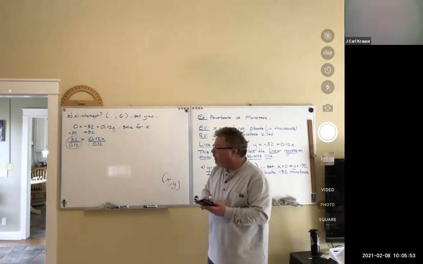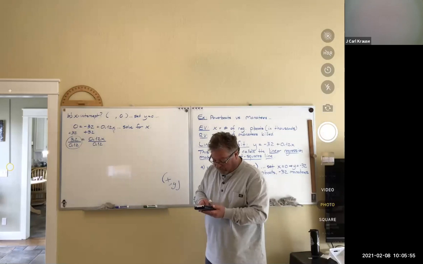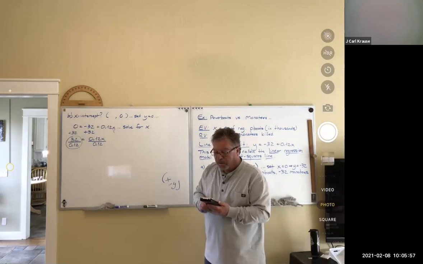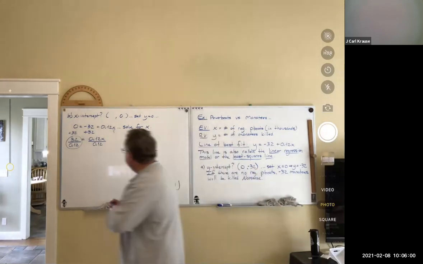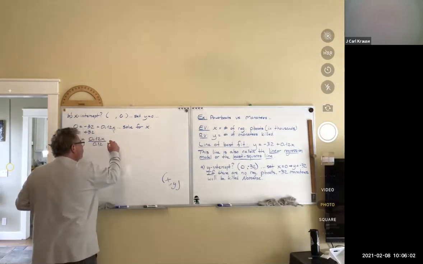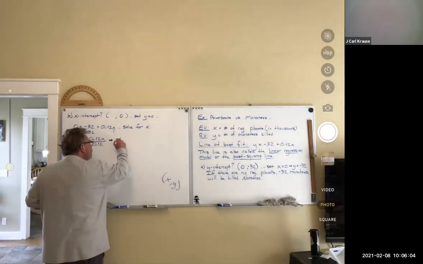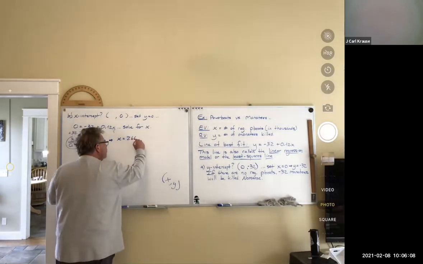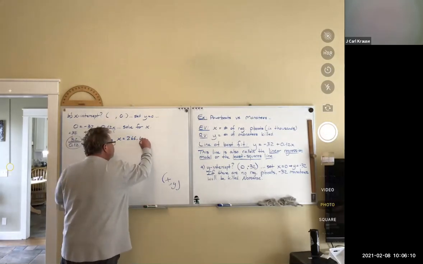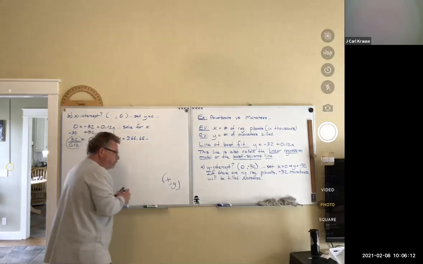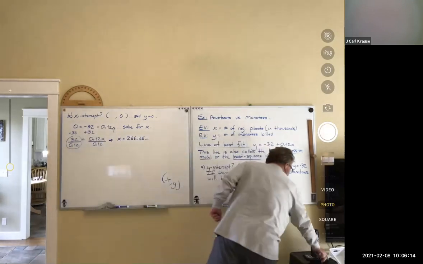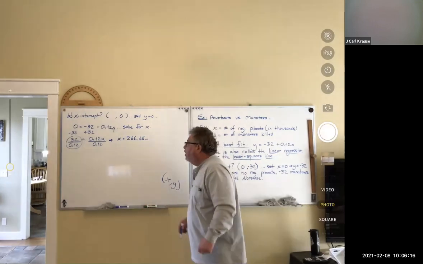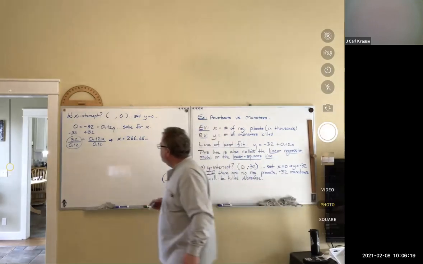And then I'm going to run this through a calculator. So 32 divided by 0.12, I get x is equal to 266 point a lot of sixes. And again, I'm going to go ahead and round this off.